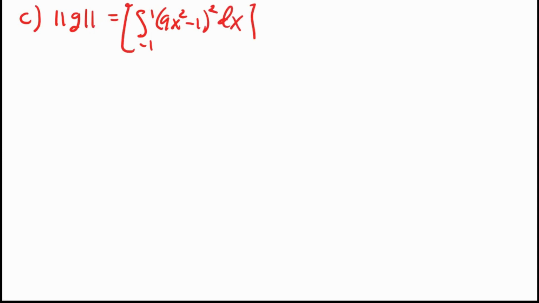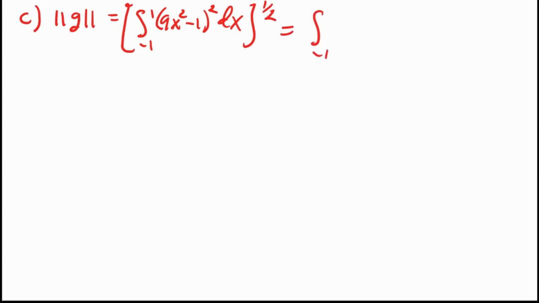So this is part C. We're looking for the norm of g, and so we get the integral from negative 1 to 1 of (9x squared minus 1) squared dx, and that's the square root of that. So let's break that down.